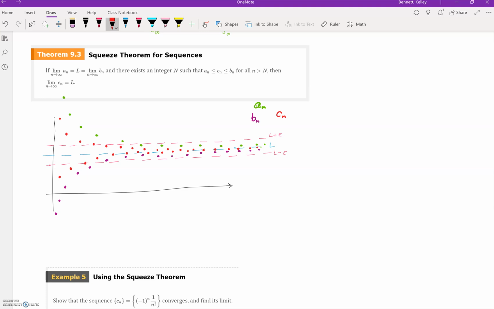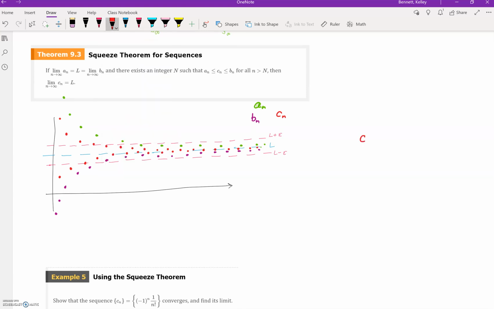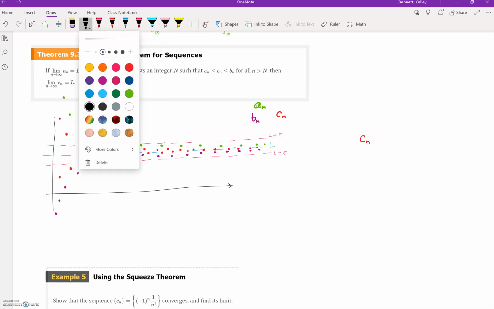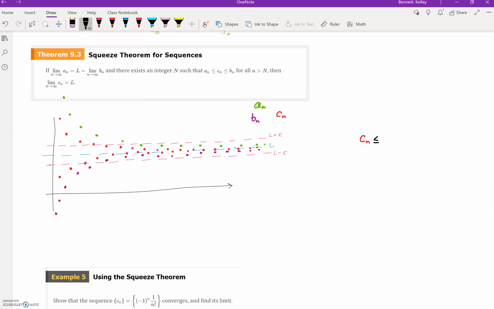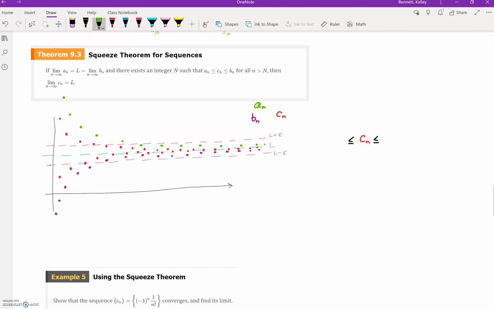So what we're really saying here is that if C sub n is between A sub n and B sub n, right?